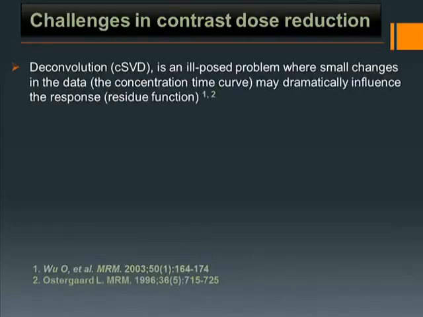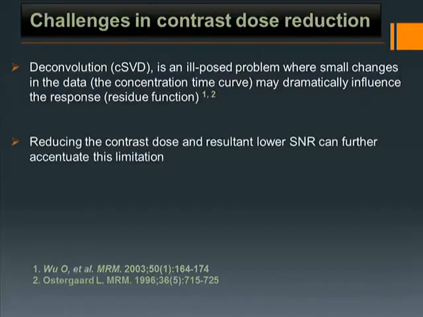So what are the challenges in reducing contrast dose? I think Adam really described this in very nice detail, but the main challenge is really the limitation imposed by signal-to-noise ratio. As we all know, most of the post-processing packages available to us use some sort of deconvolution, which is an ill-posed problem where small changes in your data can dramatically influence your residual function.